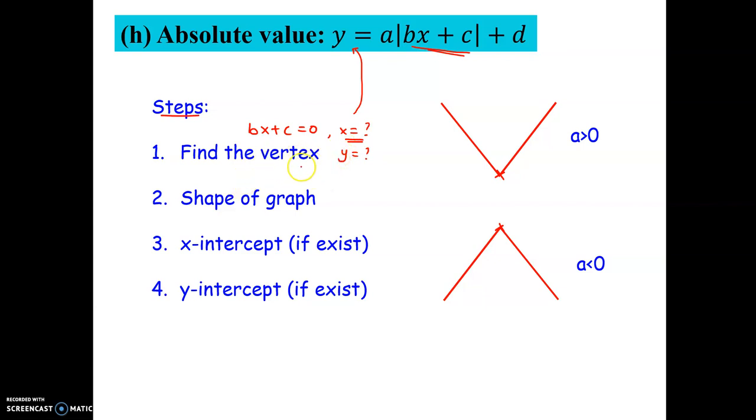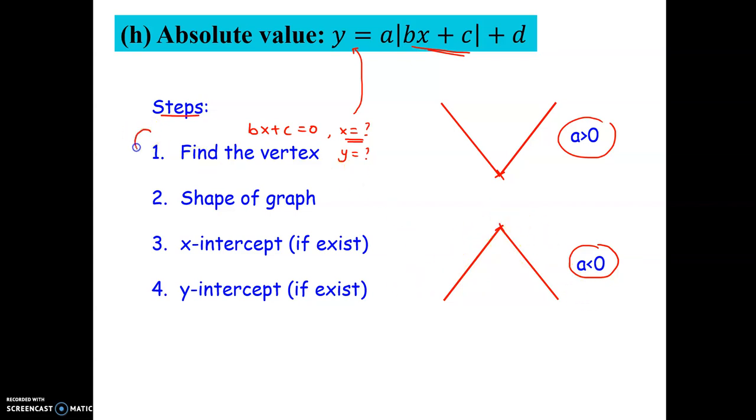Once we know what our vertex is, we're going to draw the shape of the graph. This actually depends on the value of a. So we must check whether a is greater than 0 or a is less than 0. If a is greater than 0, we're going to have something open upward. If a is less than 0, this one must be open downward.